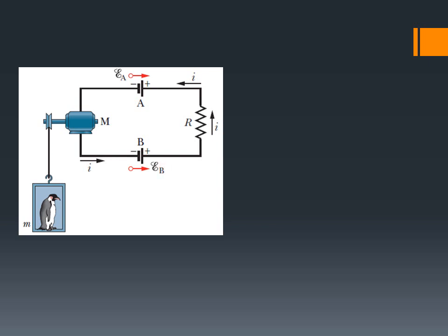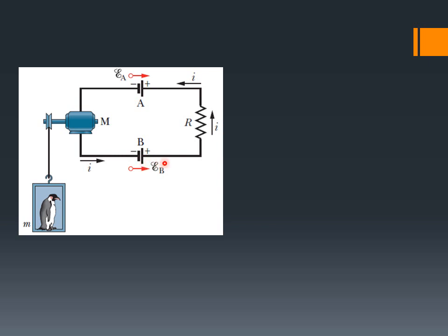But the question is, battery A drives the charges from negative towards positive, and they should move in this way. And battery B drives the charges from negative towards positive, and they are moving counterclockwise. So both batteries move the charges in opposite directions.